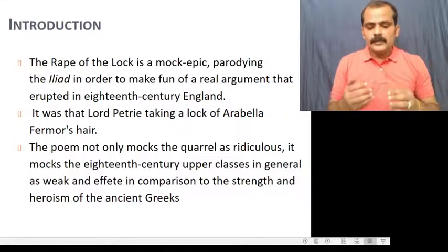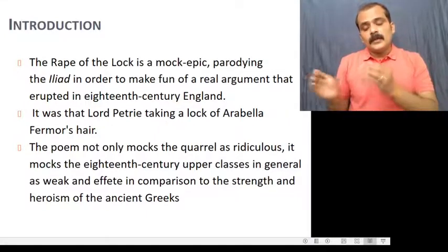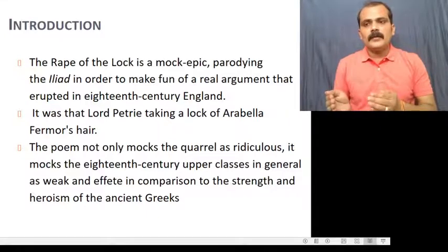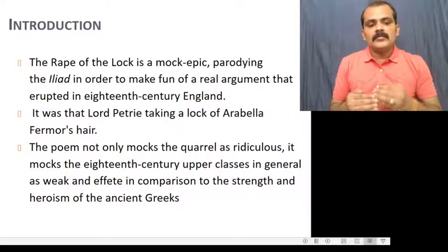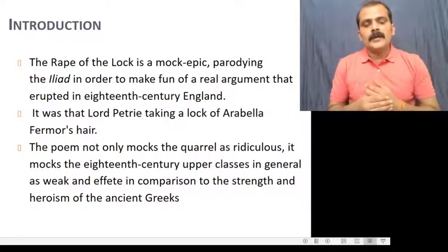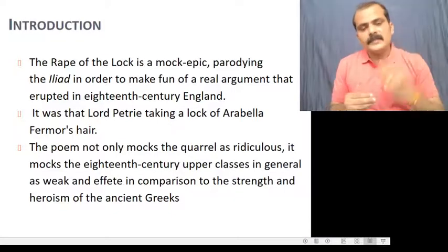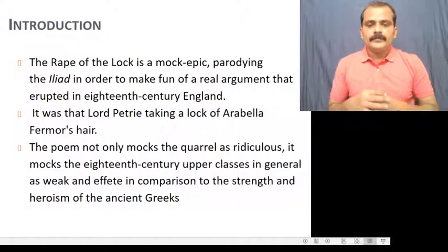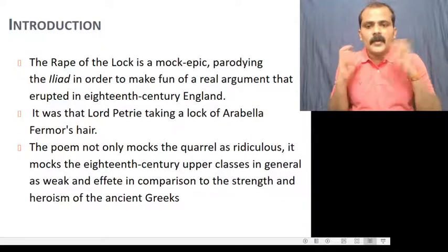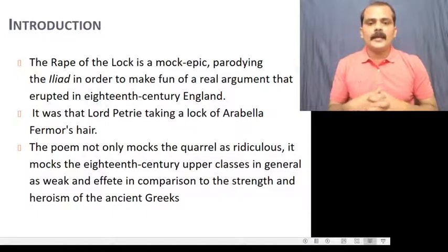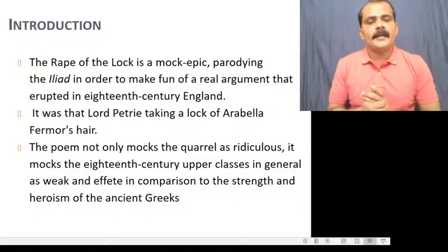Dear viewers, remember that in the early 18th century, Alexander Pope became famous due to his heroic couplets, and for writing such mock epics and satirical writings. So this is very important: The Rape of the Lock is a mock epic parodying the Iliad in order to make fun of a real argument that erupted in 18th century England.